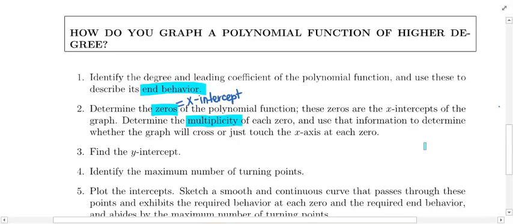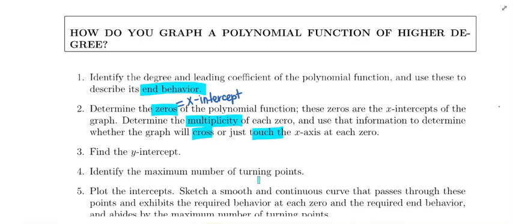All right, so once we find the x-intercepts or zeros, we are going to need to determine the multiplicity of each zero, and then use that information to determine whether the graph will cross or touch the x-axis at each zero. There's a lot going on there, but basically you're going to have to find the zeros of the polynomial, meaning find its x-intercepts, and for each x-intercept there is going to be a number called a multiplicity associated with it.